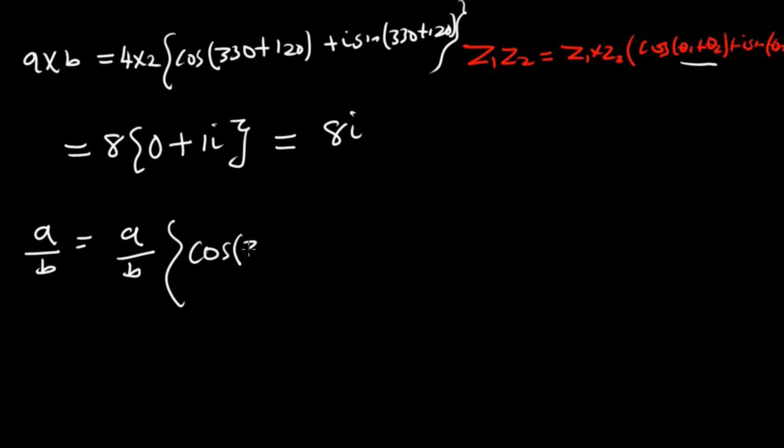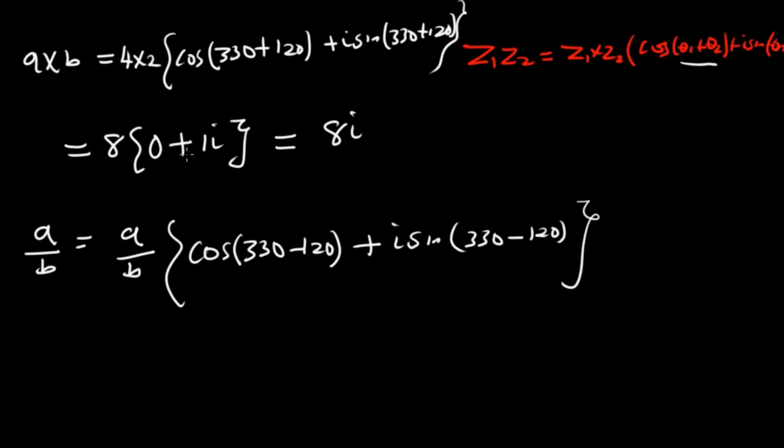So you have cos (330 minus 120) plus i sine (330 minus 120). Also, I'm going to substitute for A and B. So r1 is 4 and r2 is 2. So here we have 2.